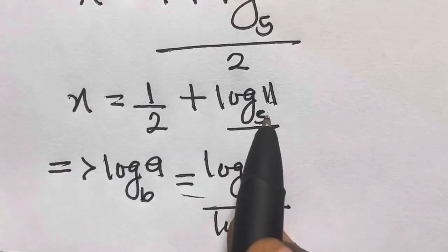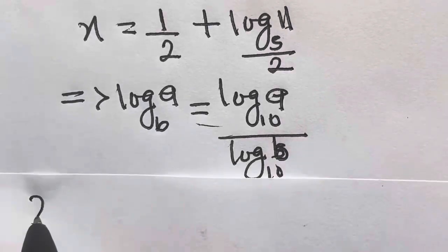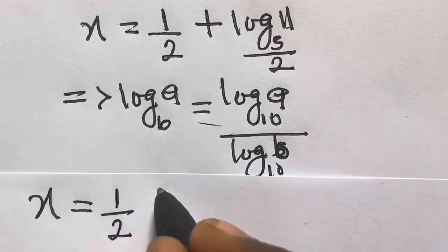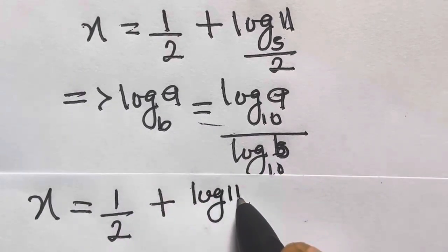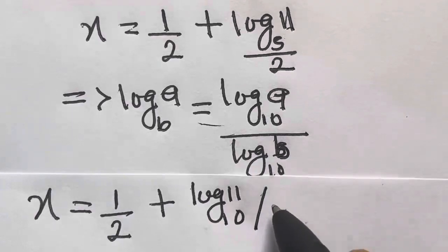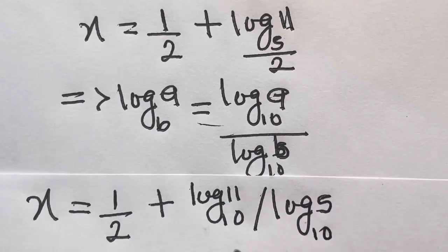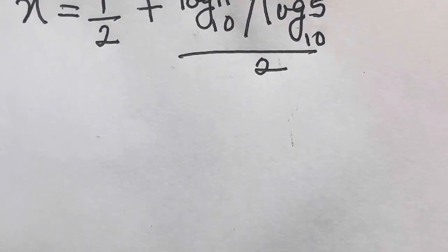Applying this, x equals 1 divided by 2 plus log 11 in base 10 divided by log 5 in base 10, divided by 2.